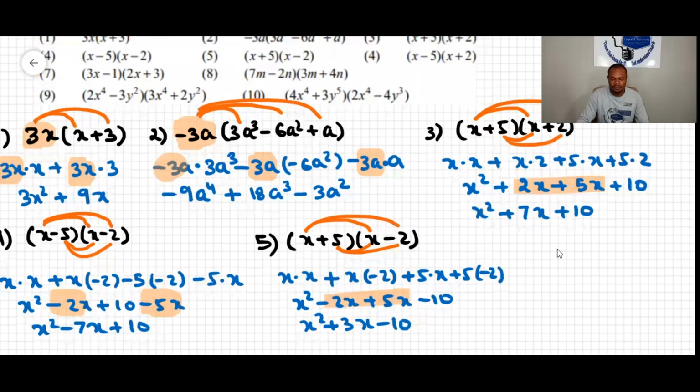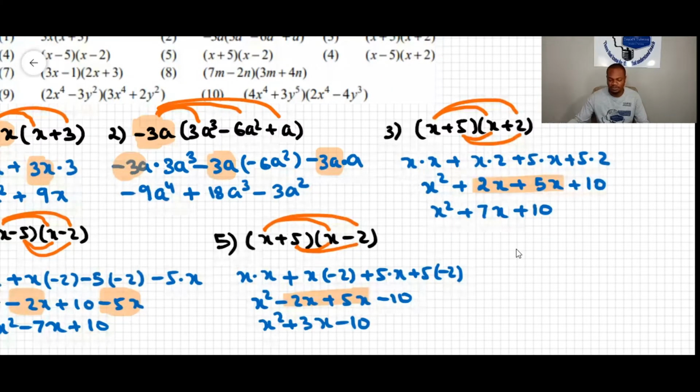Then we also have another, just move from here, question 6. Okay, this was supposed to be question 6, which is x minus 5 and then x plus 2. So we foil x times x, x times 2, -5 times x, and then -5 times 2.